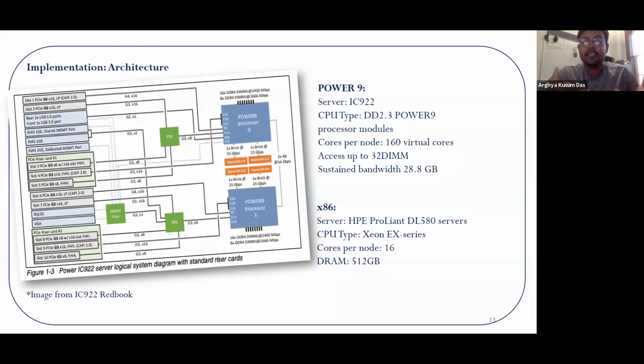Intel has only hyperthreading, like 2 hyperthreads, and most of the time they have some kind of performance glitches; if the data size is huge, then hyperthreading does not optimize the performance. Our experience is that Power performed really great. By the way, both the machines have 512 gigabytes of RAM. Next slide, please, Radha.